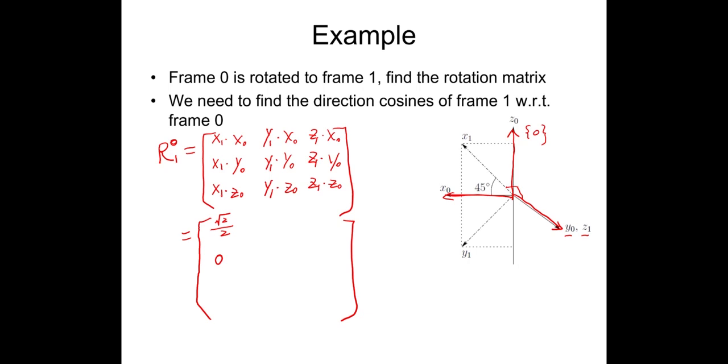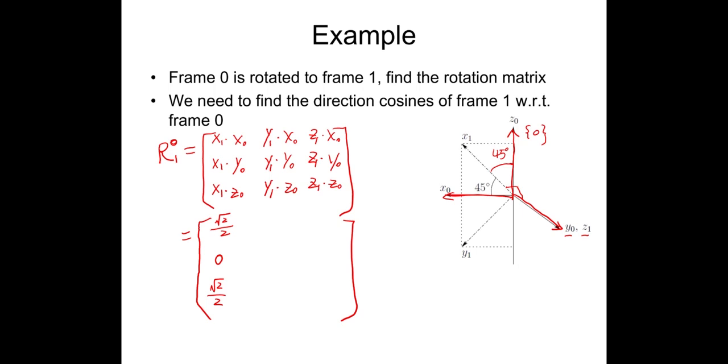The next term is x1 and z0. The angle between these two is 90 minus 45, so that's 45. So cosine 45 is square root 2 over 2.